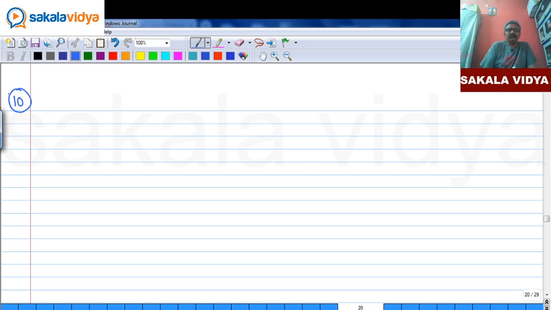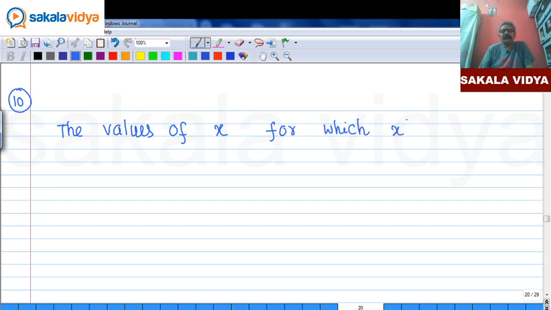Tenth one: the values of x for which x cube minus 6x square minus 36x plus 7 increases.